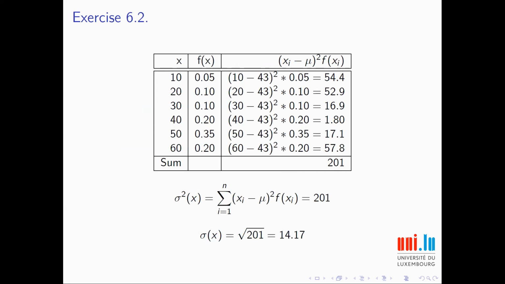So again, this weighted sum of quadratic variation for each observation. We calculate the variance using this formula. Then we calculate the standard deviation by taking the square root of our variance, and it is equal to 14.17.